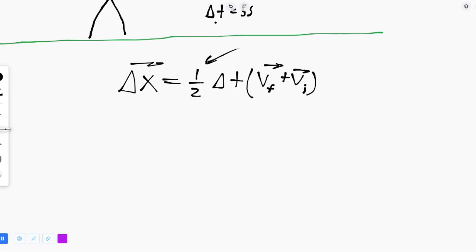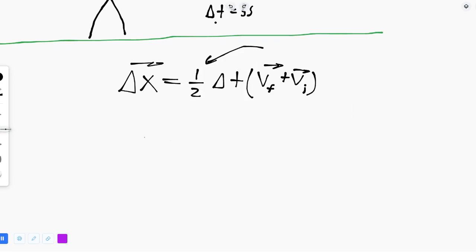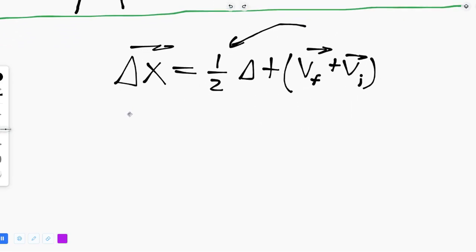Because this 1/2 right there, you can also write that 1/2 as like divided by 2. So if this wasn't there, you could write it as divided by 2. So then this right there would be to find average velocity, which you'd then multiply by the time. But you can also write it this way. Either way works fine.